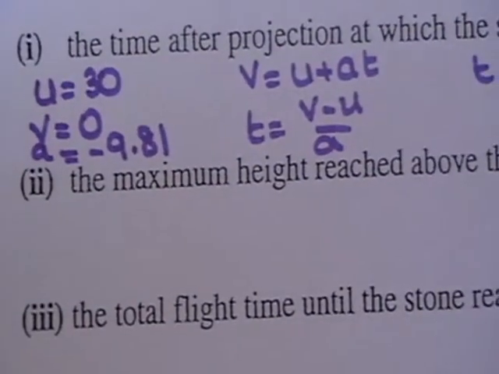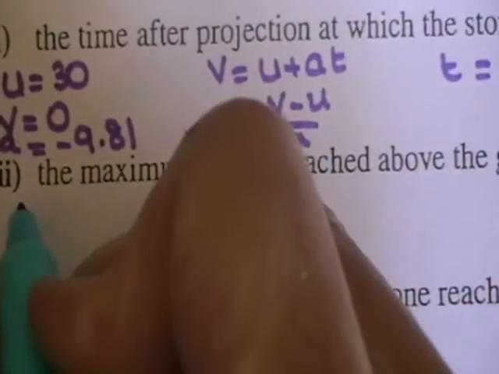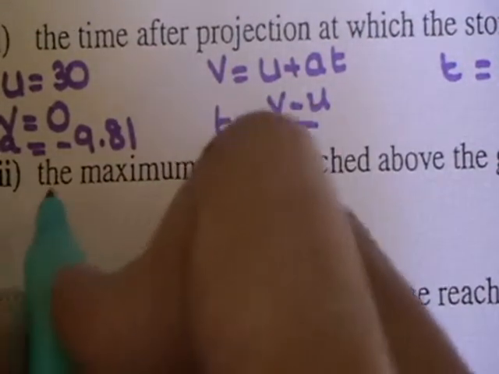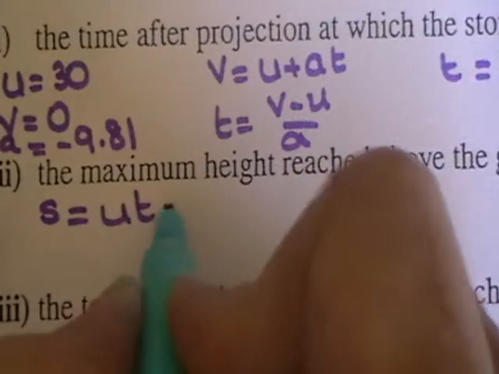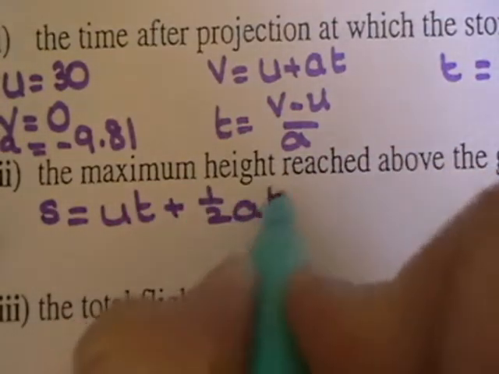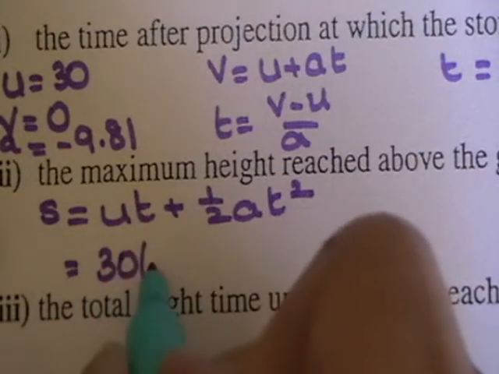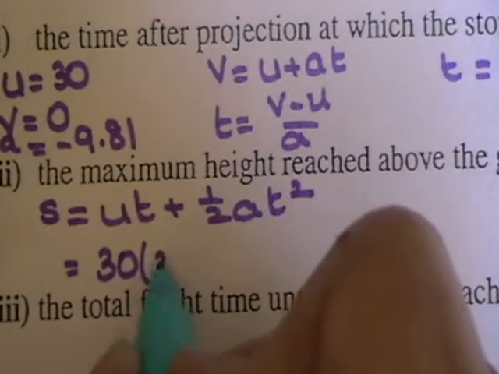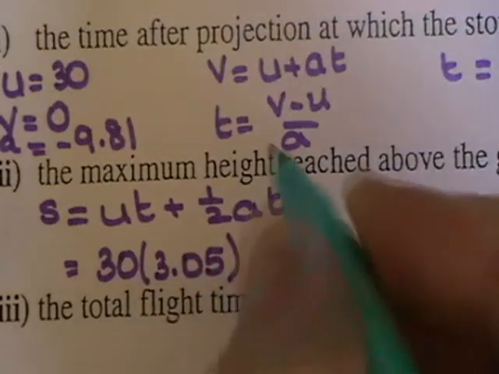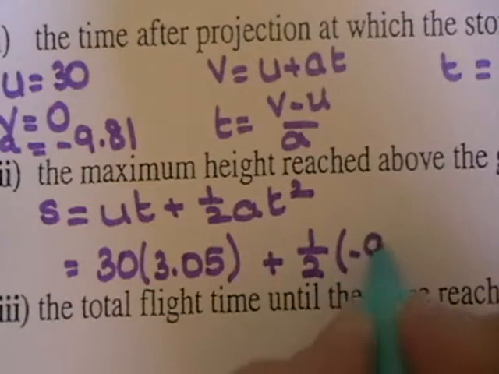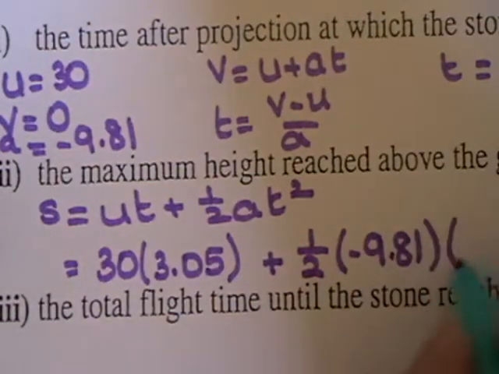Next part of the question, what is the maximum height reached above the ground? So the maximum height is going to be just finding S. We'll use S equals UT plus a half AT squared. U is 30, T is 3.05, A is minus 9.81, and T is 3.05, all squared.